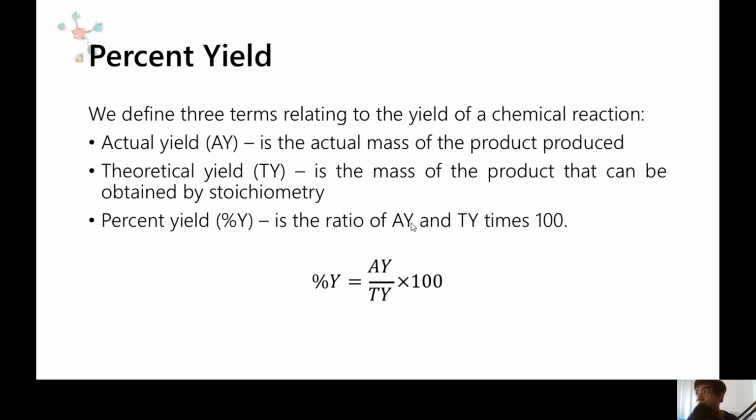Pag sinabi nating actual yield, that tells us about the actual amount of product produced, yung dami ng products you obtained after doing the chemical reaction. So again, this is after doing the chemical reaction.